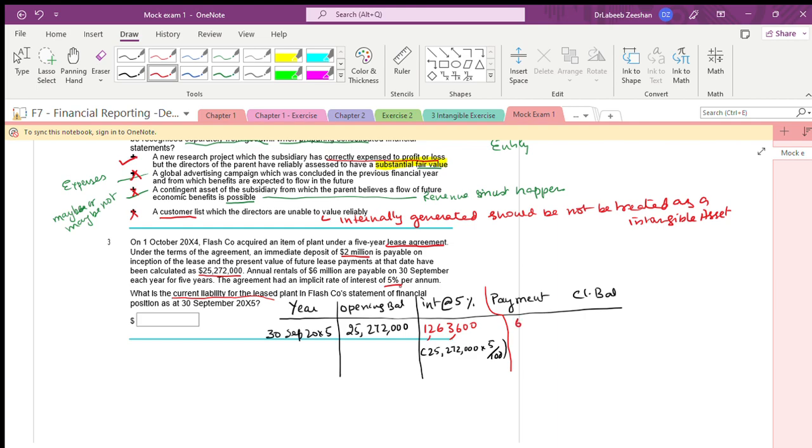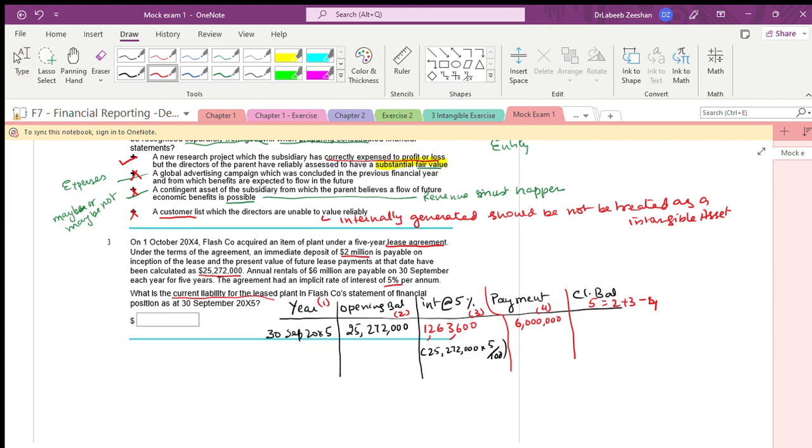Next, the payment is 6 million. What is the formula? This is column 1, column 2, column 3, column 4, and column 5 is 2 plus 3 minus 4. That is 25,272 plus 126,360 minus 6 million.